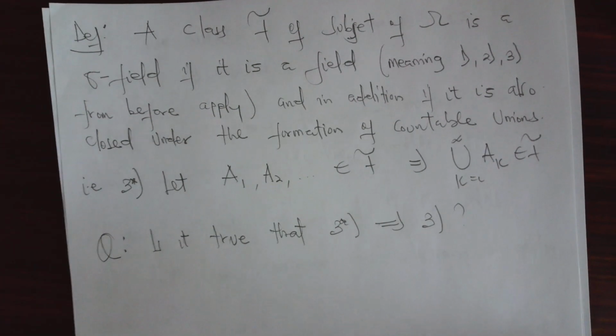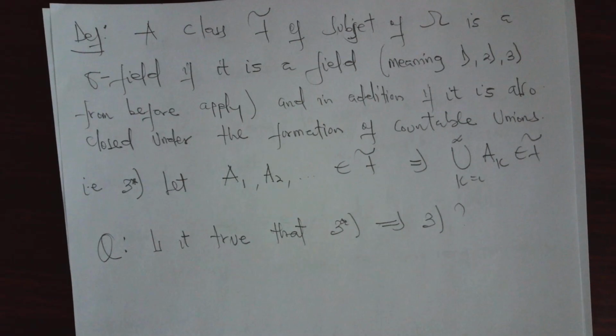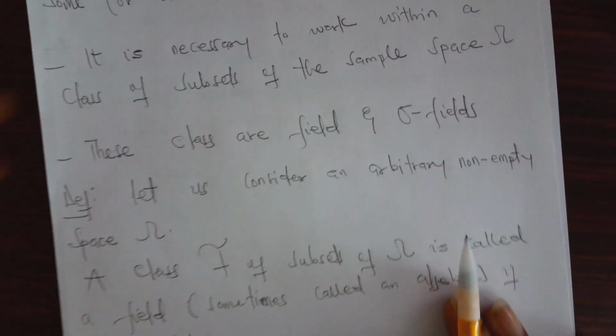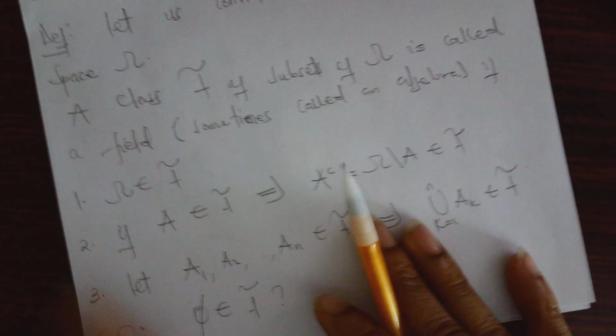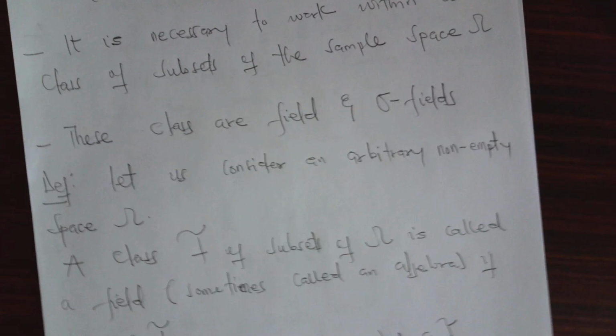This implies that if you pick A1, A2 to infinity that belong to F, then 3 star needs to be satisfied, and the union of AK from 1 to infinity should belong to F. Another question we want to ask ourselves is, is it true that 3 star implies 3? This is a question we want to find an answer to.